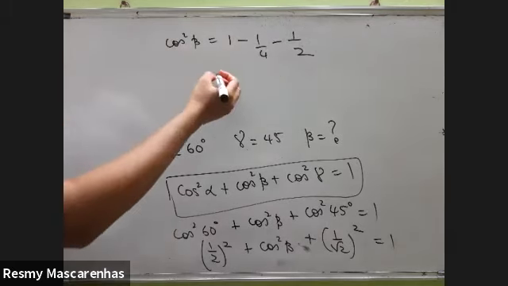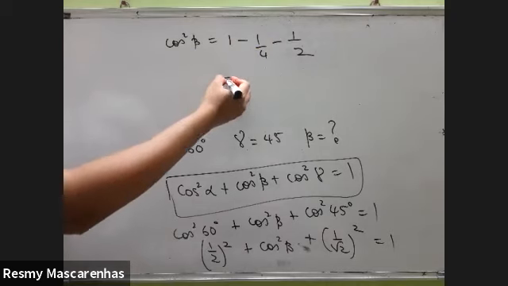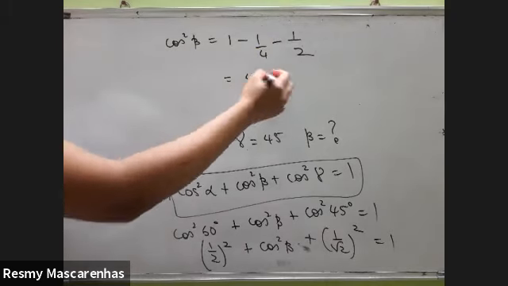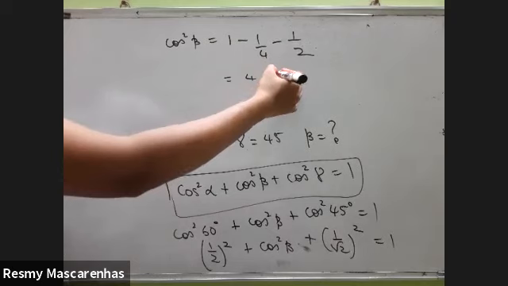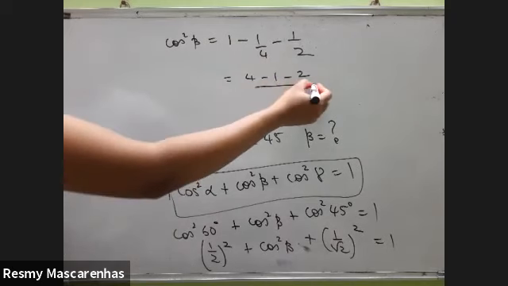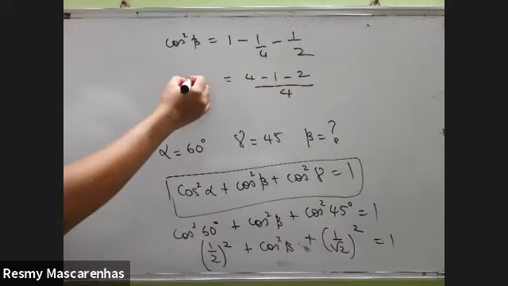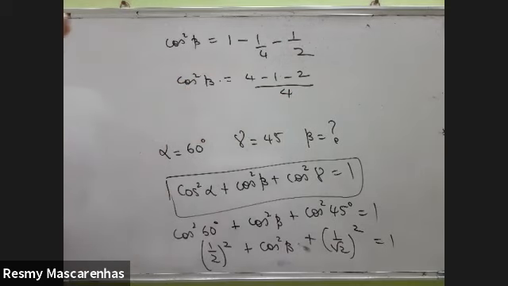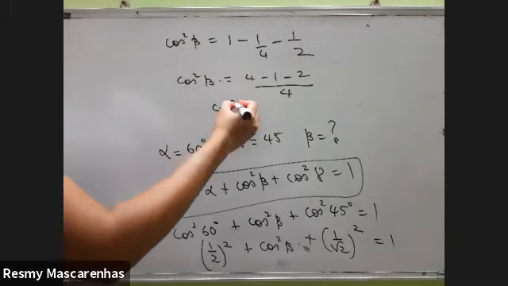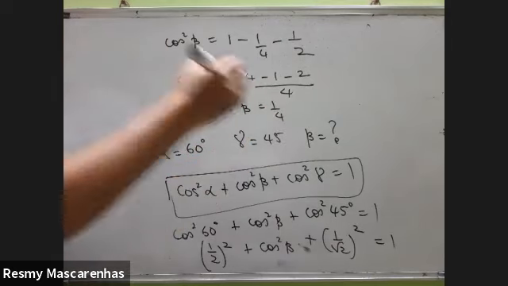So this overall will become 1 by 4. Want to take LCM, then take 4, so cos square. Now at least tell me the answer.